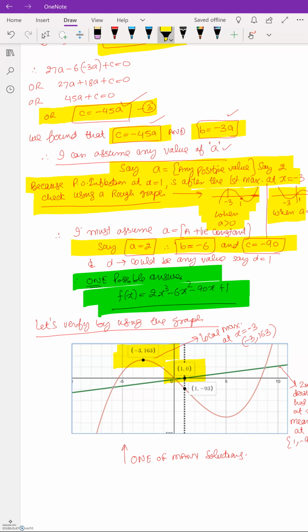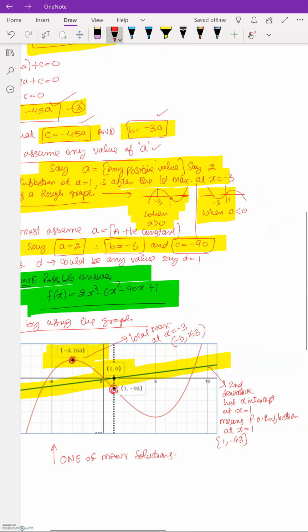And to make it more clear, I also included the function for f double prime x. See, f double prime x is 0 at x equal to 1. This proves that there is a point of inflection at x equal to 1, and there's a local max at this point.